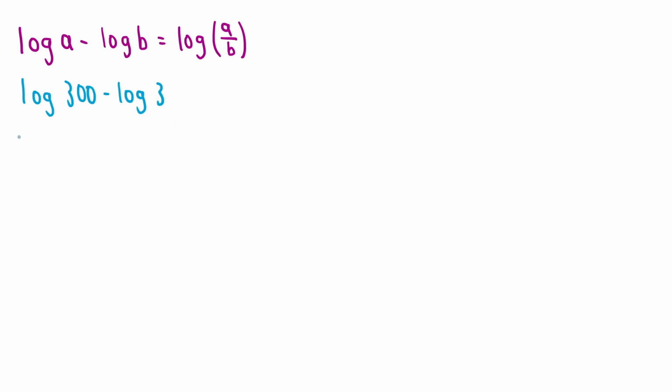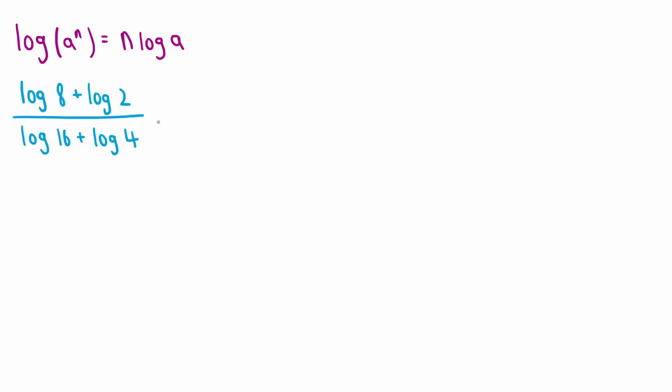So we can combine the two logarithms and rewrite this as log of 300 divided by 3, since we take the first argument, 300, and divide that by 3, which is from the second logarithm. Now this is just equal to log of 100, and then this is equal to 2 because 10 to the power of 2 is equal to 100, so log of 100 is equal to 2. So how about this one?